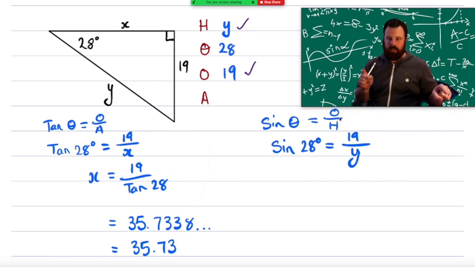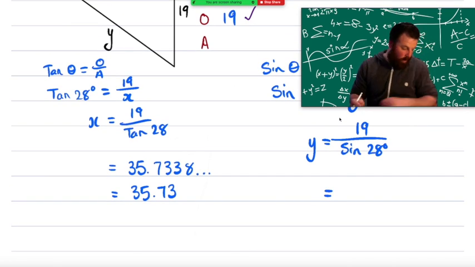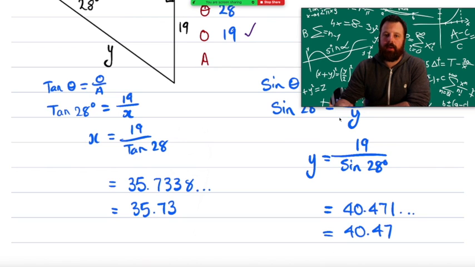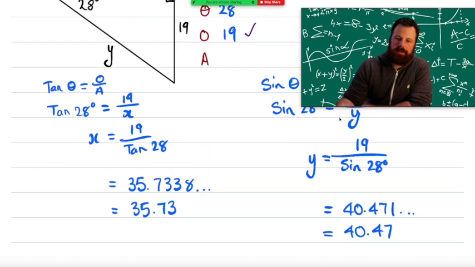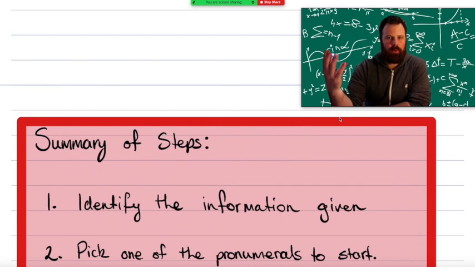So the trigonometry and the unknown are just going to swap places with each other. So y is equal to 19 over sine of 28. So y is going to equal, now I'm just going to put that on my calculator. Now that I've put that in my calculator and rounding it to two decimal places, we get the answer of 40.47.